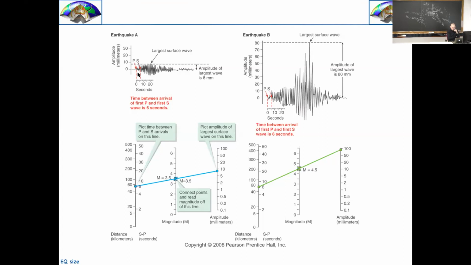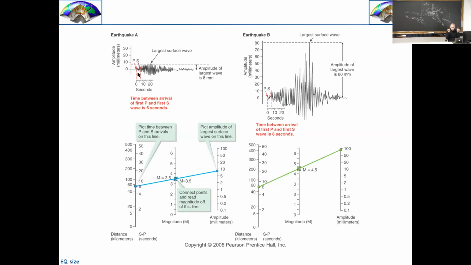Then let's take the peak. Richter was very aware that the Wood-Anderson has a transfer function peaking around 0.8 seconds, so the waves collected by the Wood-Anderson are transformed by the instrument.